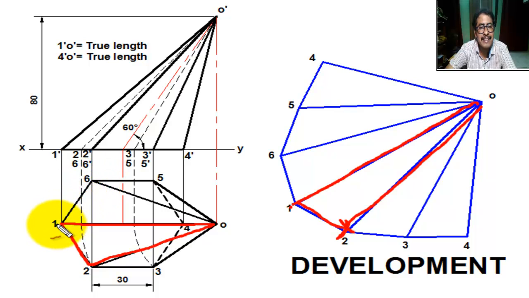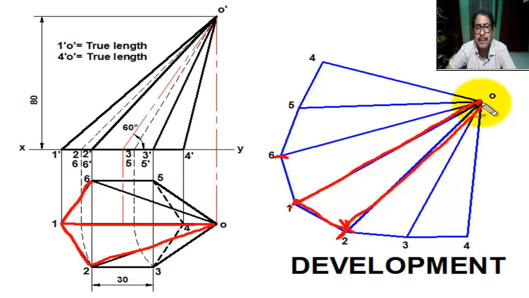Now similarly 1, 6 is 30 millimeter. From 1 we draw an arc with this 30 millimeter length, and O6 is the true length.